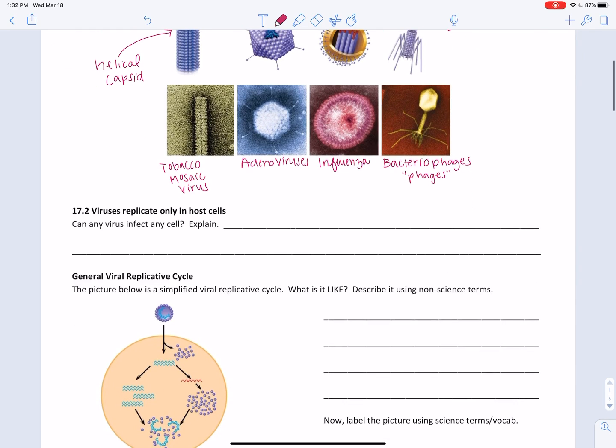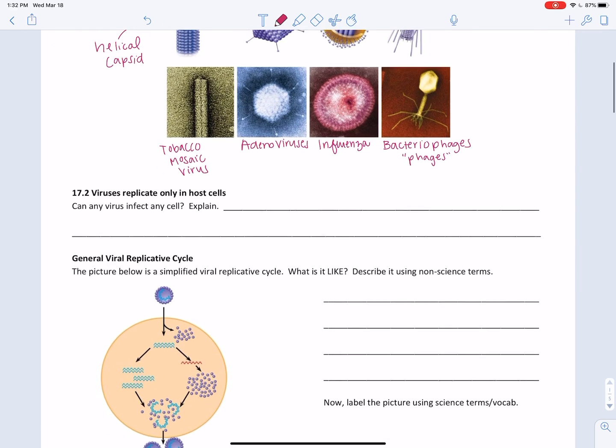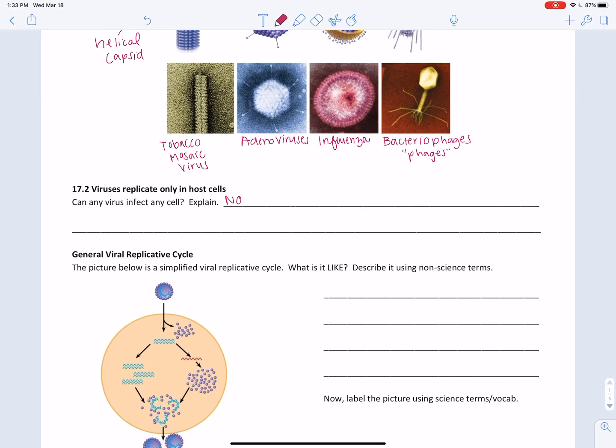And so when we talk about what type of cells viruses can infect, no, they cannot infect any cell. They are specific to what type of cells they infect, and that's because of the proteins on their surface. We talk about this all the time: structure affects function. We see this firsthand right here. The surface proteins can only fit into certain receptors.